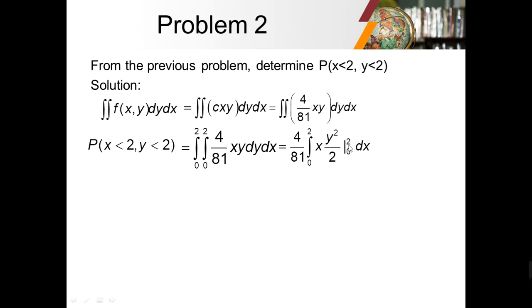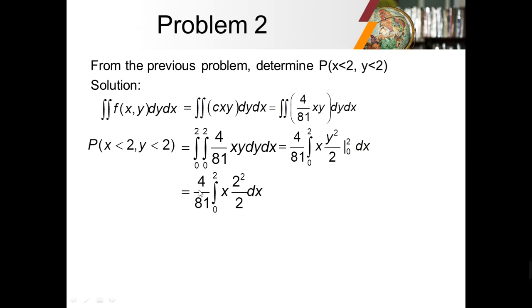Then, substitute lang ulit natin yung limits na 0 to 2 doon sa y squared over 2. Dapat ay 2 squared over 2 minus 0 squared over 2, kaya lang 0 ito, so hindi na natin siya isinama, kaya naging 2 squared over 2 na lang. Of course, 2 squared over 2 is equal to 2.